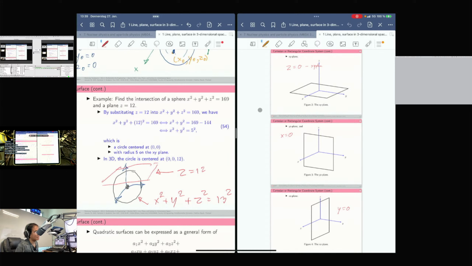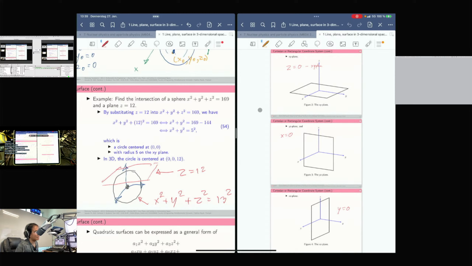You could find that the intersection is actually the intersection of these two sets, right? The first set is this one, the second set is this one. So in order to find the solution, you just substitute z equals 12 into this equation.